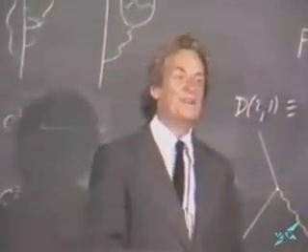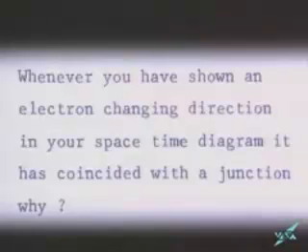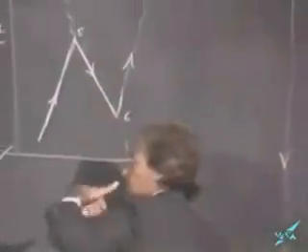Strangely, it is very interesting. Whenever you have shown an electron changing direction in your space-time diagram, it has coincided with a junction. Why? I did that because what I really know, and the only thing I do know, is that there's an amplitude to go from 0.5 to 0.6 as a free particle without disturbance.